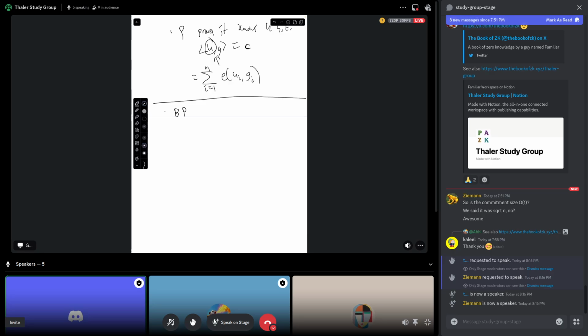So how would Bulletproofs work? In Bulletproofs, U would be a vector of field elements, but let's not worry about that. In round one, the prover sends cross terms. It breaks U and G into two halves.